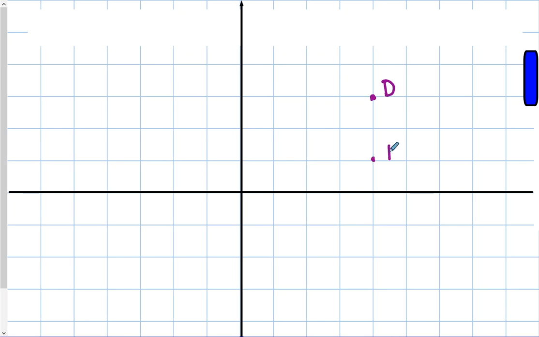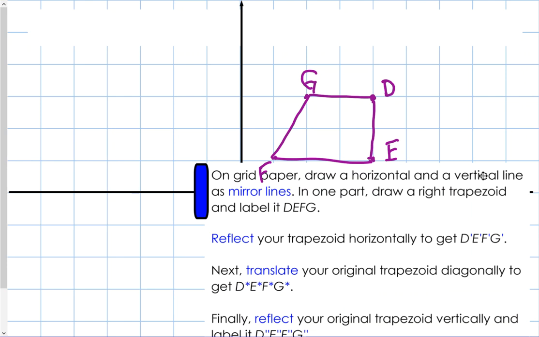D, E, F, G. Please follow on your whiteboard. Now let's connect the lines. We have now completed step 1.